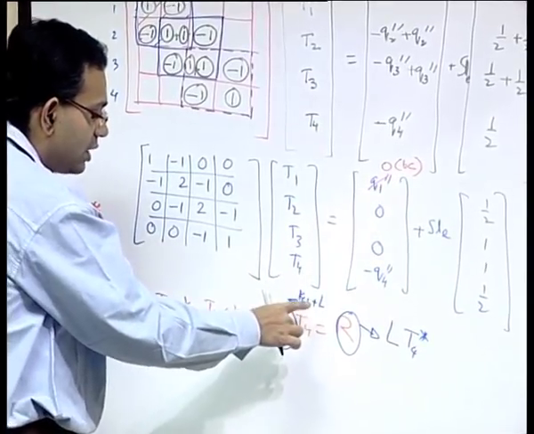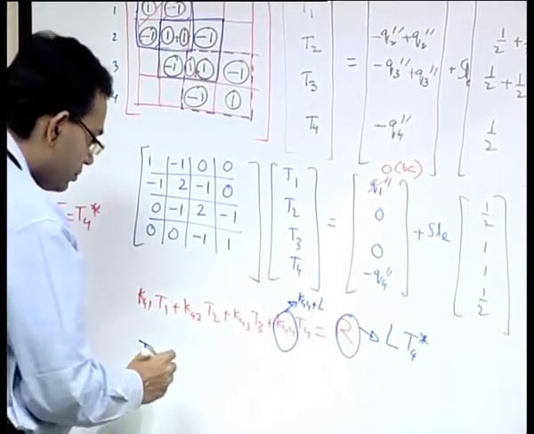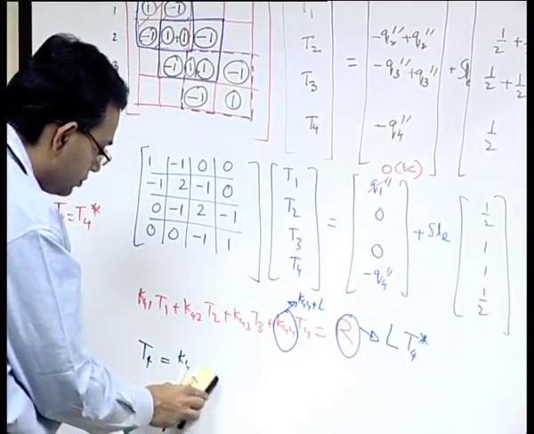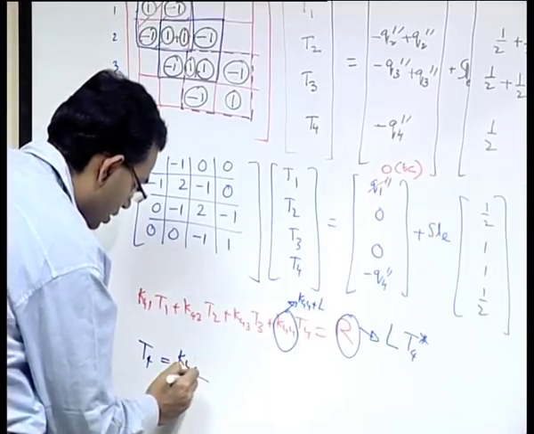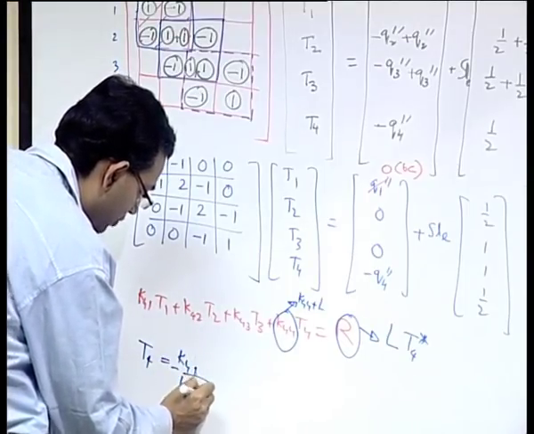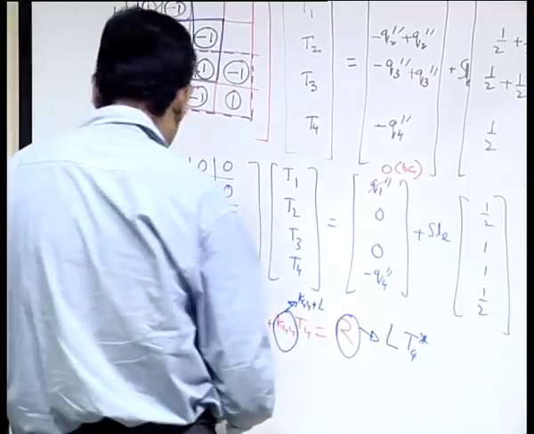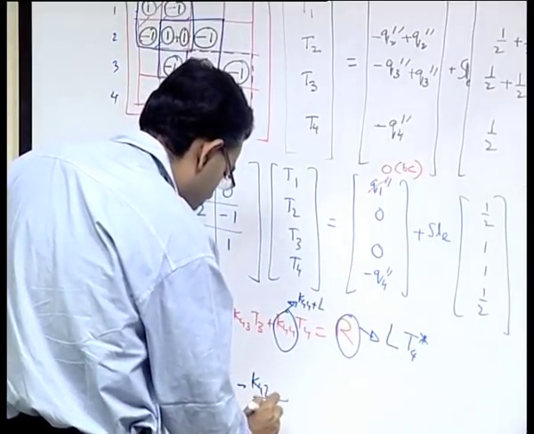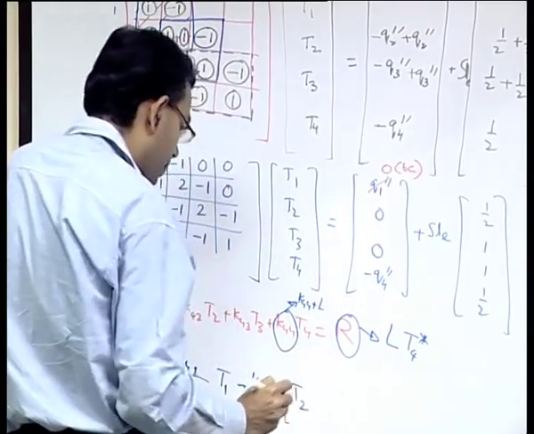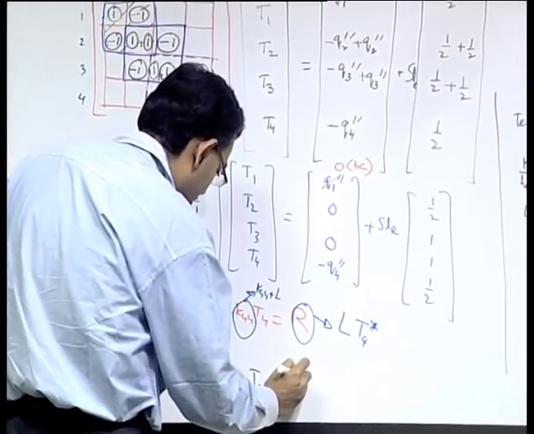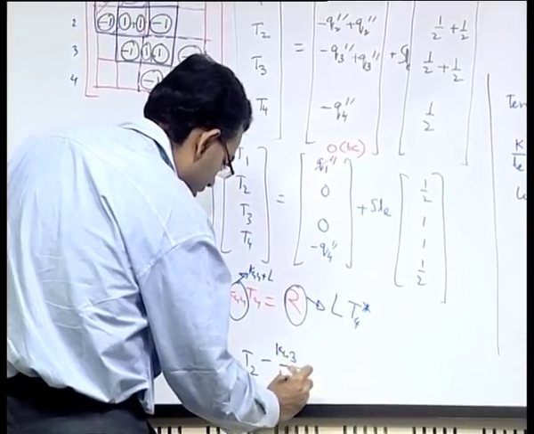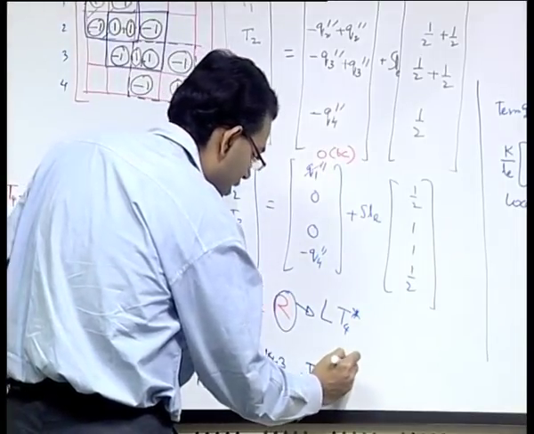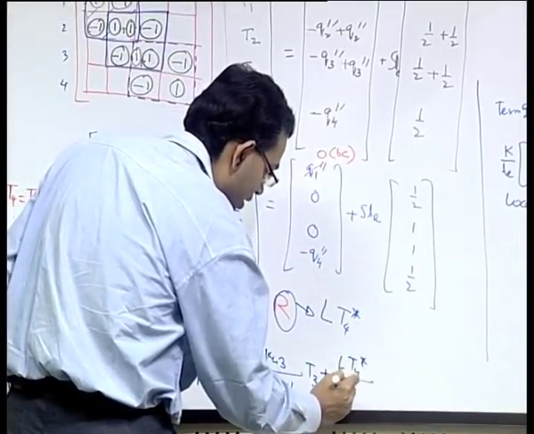Say you divide all the terms by K44 plus L. So it is T4 equals minus K41 by K44 plus L T1, minus K42 by K44 plus L T2, minus K43 by K44 plus L T3, plus L T4 star by K44 plus L.